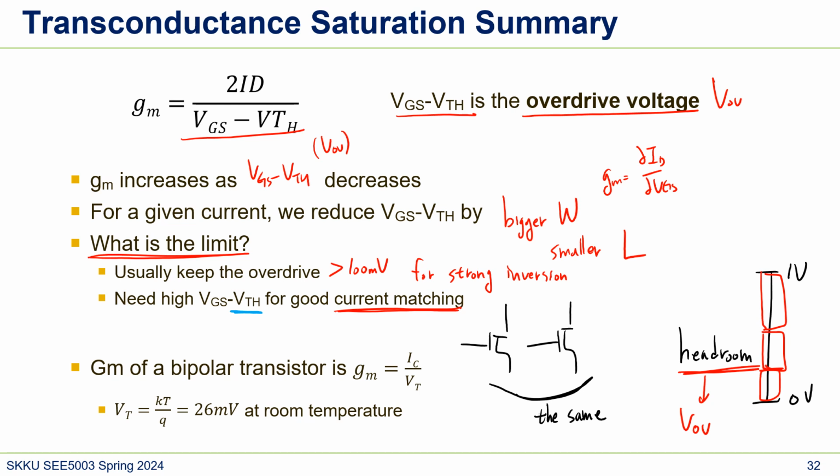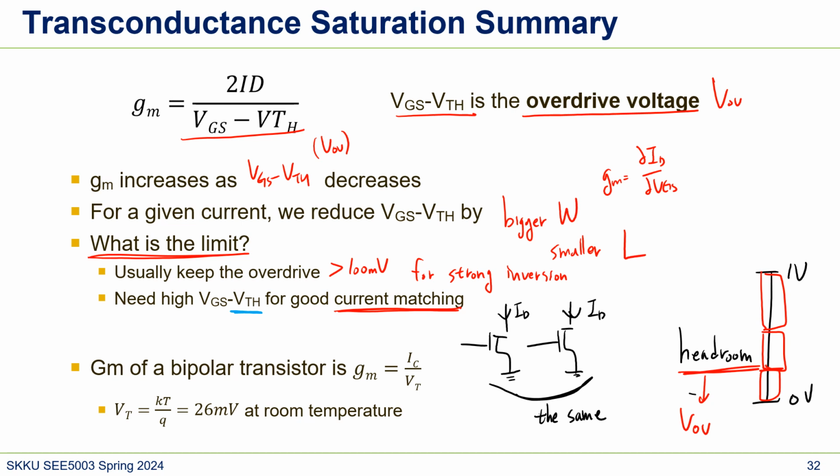One reason is that we want the current to be the same. We'll learn it later. This is a current mirror, but to match these things, we need a high enough VGS minus VTH. So the point is that we cannot have too small a VOV. We need that for certain purposes.